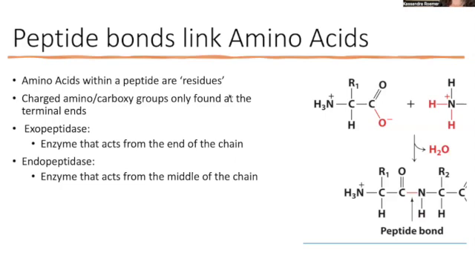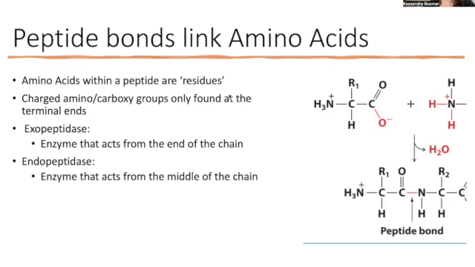As for naming of different peptide chains, if we have two amino acids, it is called a dipeptide. If it's three amino acids, it's a tripeptide. An oligopeptide if it has more than 15 side chains, a polypeptide if it has more than 100 amino acids, and then a protein if it has more than 150 side chains.